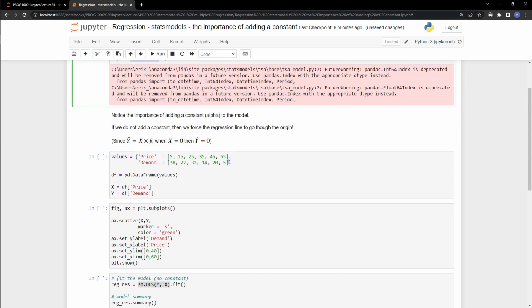So the mathematics behind it is basically that you have this data structure, the data matrix X, with observations on the rows, and you have this coefficient matrix beta, which is a vector.